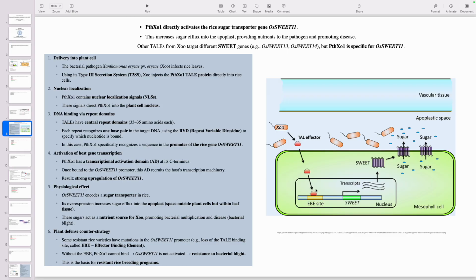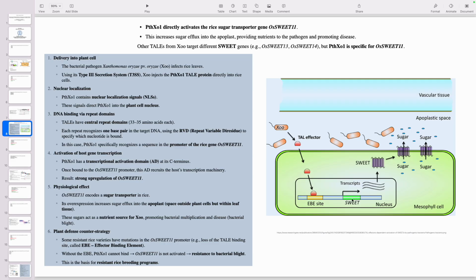So this PTHXO1 has a transcriptional activation domain at the C terminus, downstream of the nuclear localization signal. Once it binds to the OS sweet 11 promoter, this activation domain recruits the host transcriptional machinery. This results in strong upregulation of the OS sweet 11 gene.